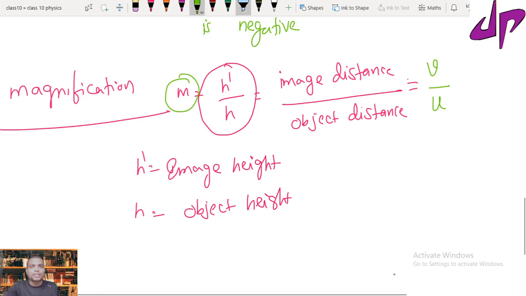Magnification tells how much bigger the object became. Then only can we find whether the image is enlarged, magnified, or point size.